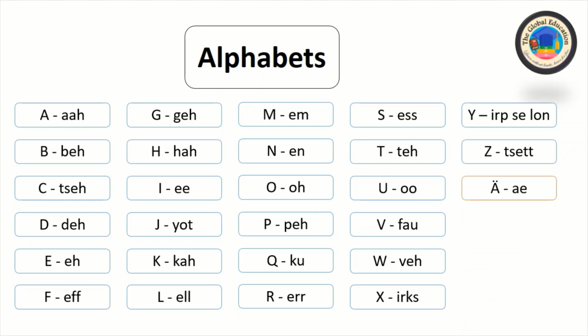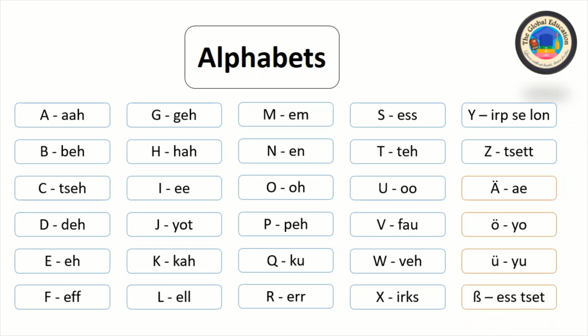So these are the additional alphabets. A with two dots is called A with umlaut, pronounced like A. O with umlaut, pronounced yo. U with umlaut, pronounced you.